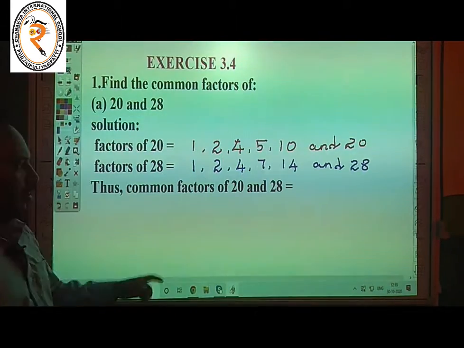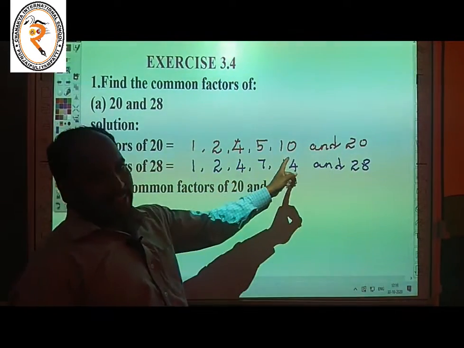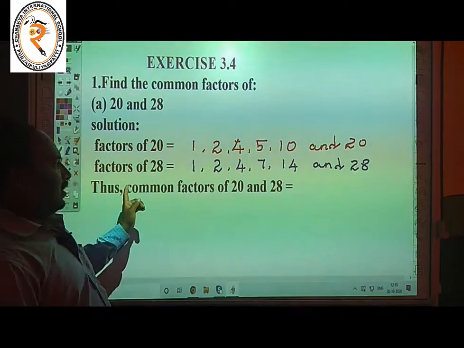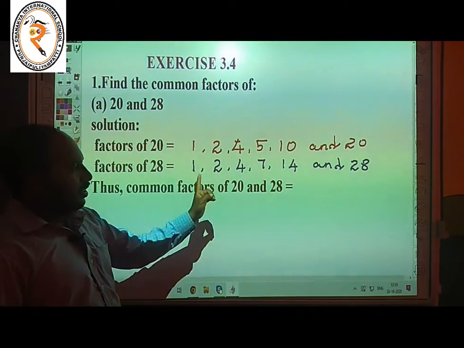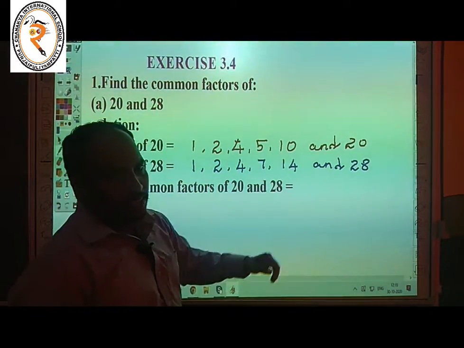Listen here. Factors of 20 is equal to 1, 2, 4, 5, 10 and 20. And then factors of 28 is equal to 1, 2, 4, 7, 14 and 28.